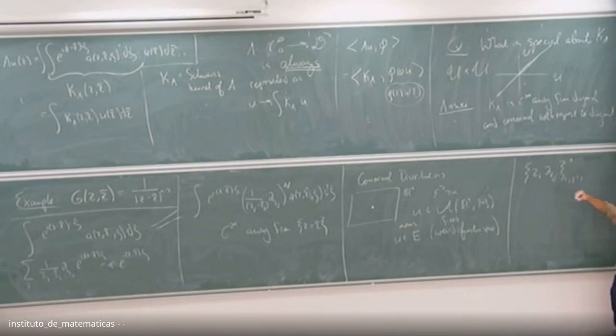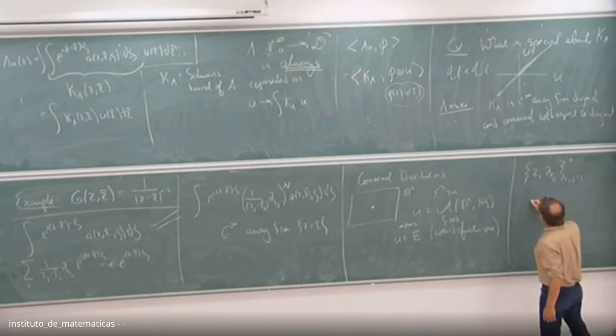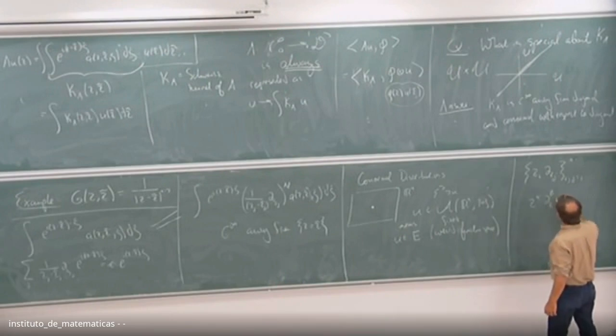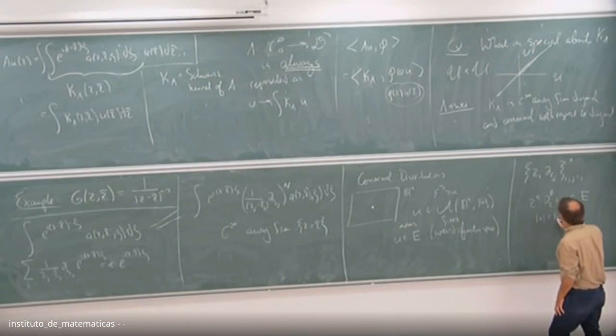Or just say any smooth vector field which vanishes at the origin can be written as a sum of these guys with smooth coefficients. So this is a generating set over C infinity. And so the definition is that any number of these, so let me just write this as z to the alpha, dz to the beta of u, stays in that same function space for all mod alpha equal to mod beta.